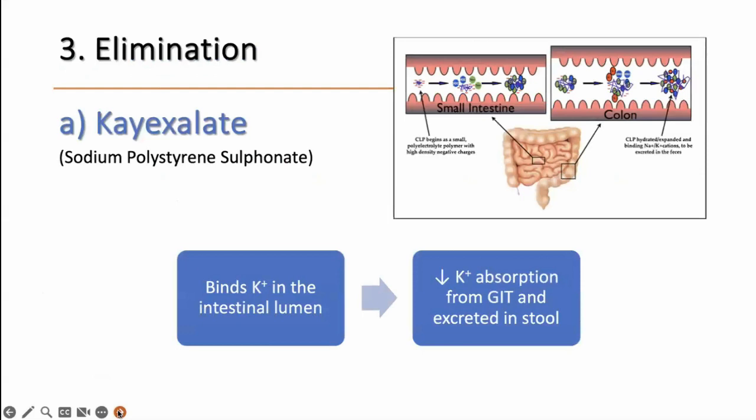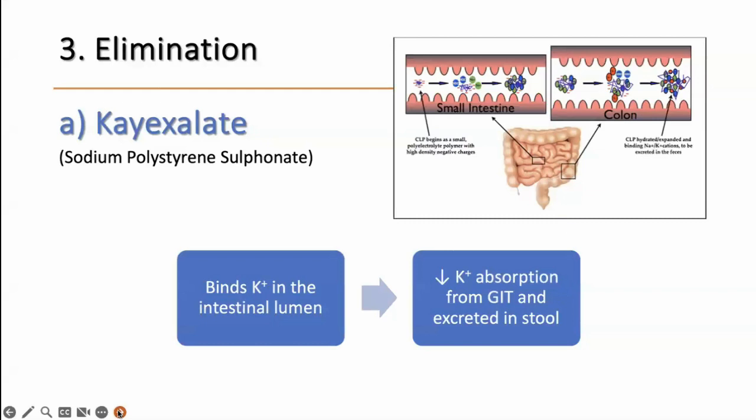Now we're looking at elimination. So we've already said that you need to stop your potential or discontinue your precipitants. You need to stabilize their myocardium with calcium. You've got your 3 ways of shifting, and you also now need to be thinking about elimination of this excess potassium. So one of the ways we use is K-oxalate.